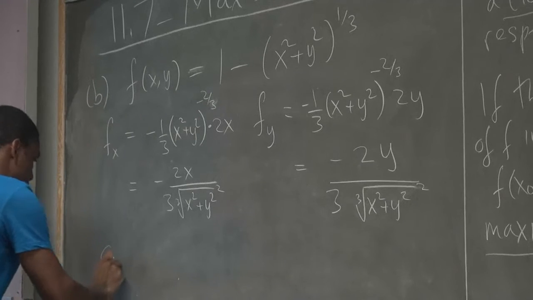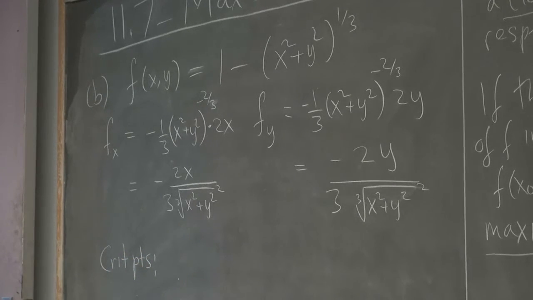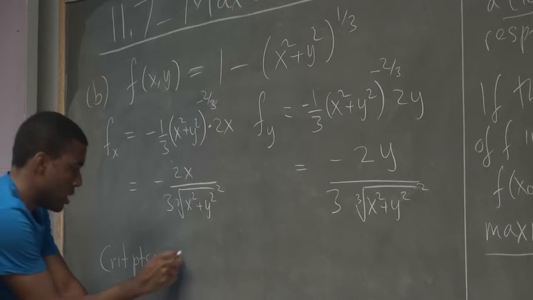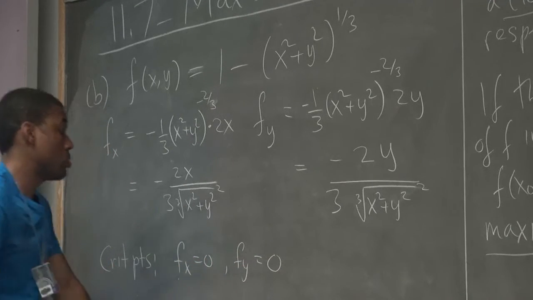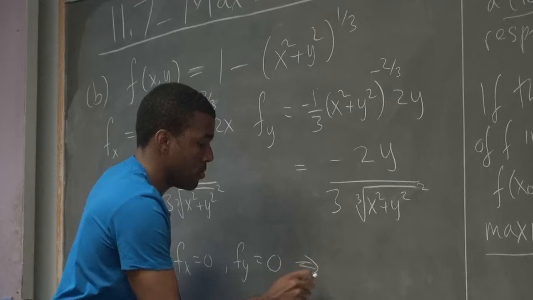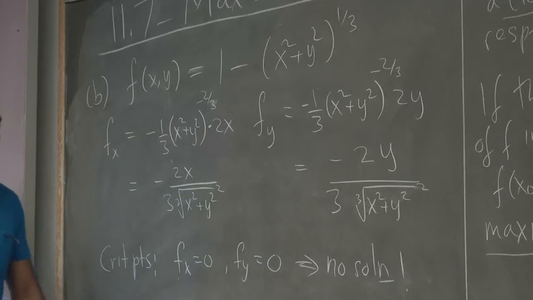Okay, so critical points. fx equals 0, fy equals 0, and this would have no solution. Why would it not have a solution?